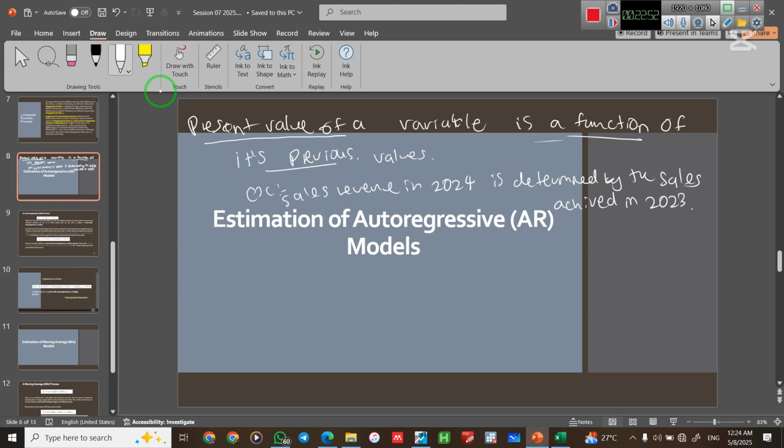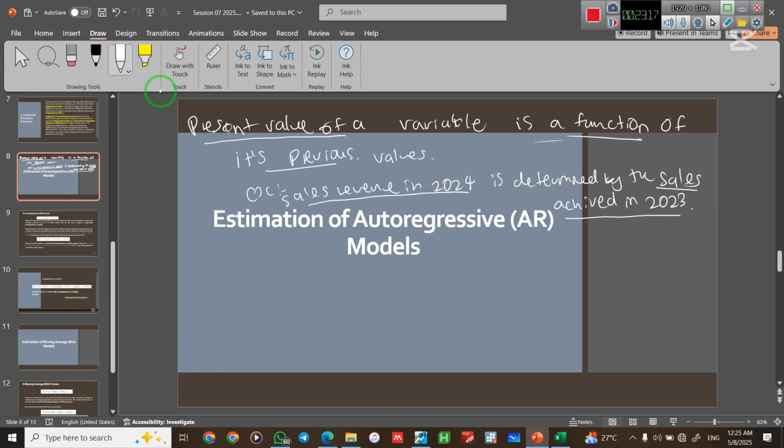That means based on the sales that we have achieved in 2023, the sales revenue in 2024 is determined. Based on the sales revenue that we have achieved in 2023, our sales revenue in 2024 is determined. That is the idea of the autoregressive model.